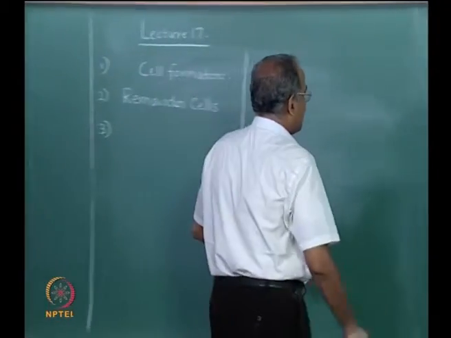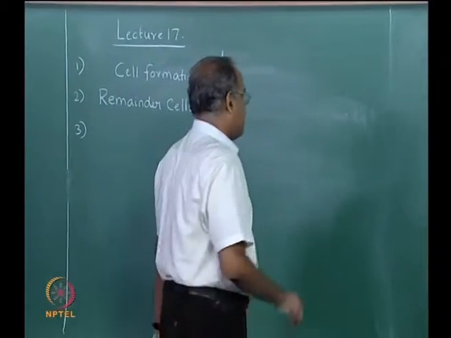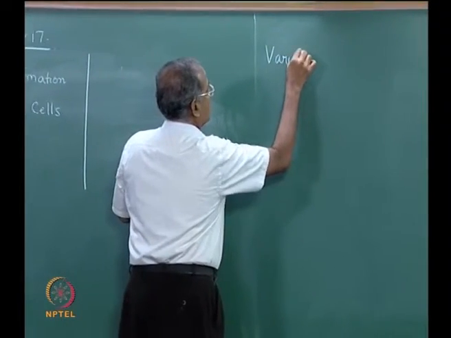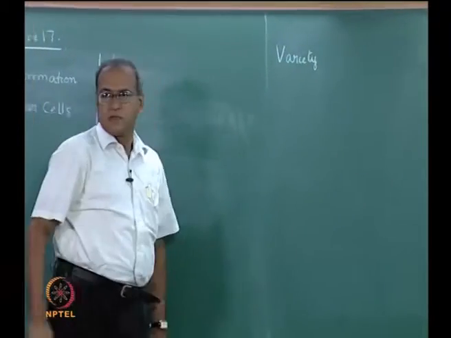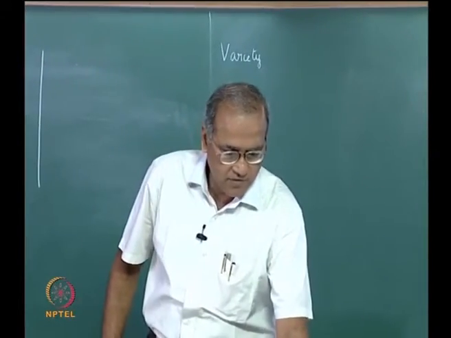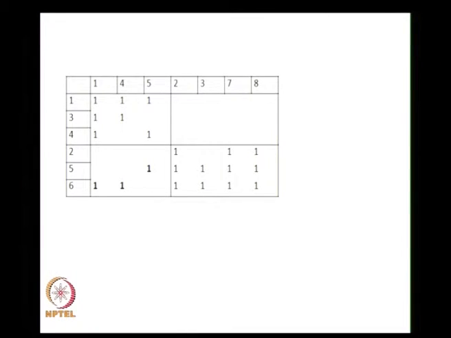Now, let us also look at what happens when variety increases in a cell. What is variety? If we look at an incidence matrix like this, let us say these are 8 distinct parts that are produced in the factory, not in the cell, but in the factory.